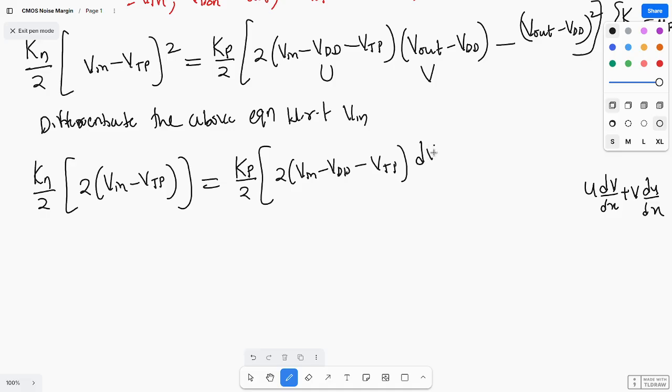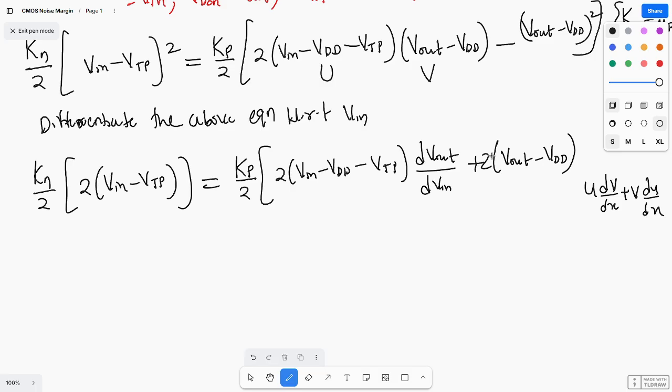This is dVout by dVin. Next plus, what will you get? Vout minus VDD into, remaining all are constant only, you will get 2 here, since dVin by dVin equal to 1.